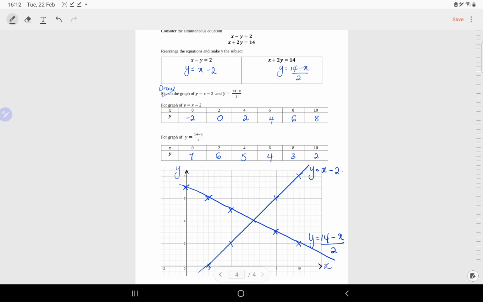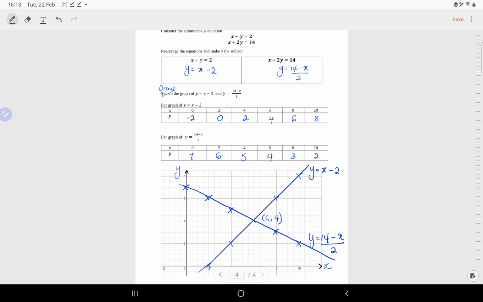Do you see that the two lines meet? Remember when we solved these two equations simultaneously, we obtained x equals 6 and y equals 4. So if you want to interpret the result, by solving two equations simultaneously, what we get is the point of intersection.